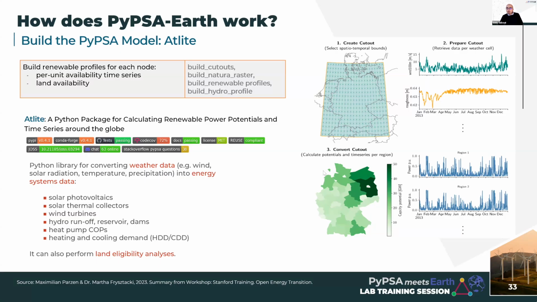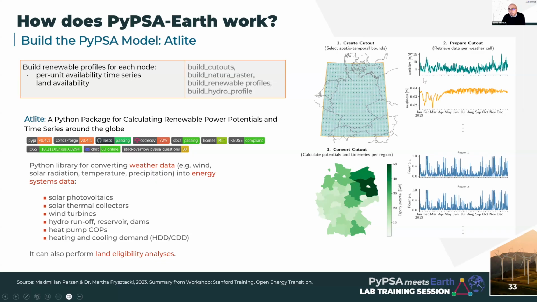This is also shown on the right, for example here for Germany, which is what we mentioned before in the morning: the cutout. The cutout is the cutout of the ERA5 data set, for example, above Germany. As you can see here, the raster is 30 by 30 kilometers, and we download the data automatically.